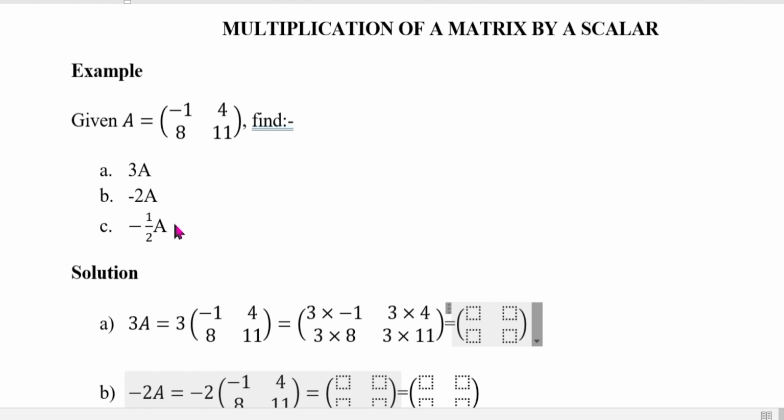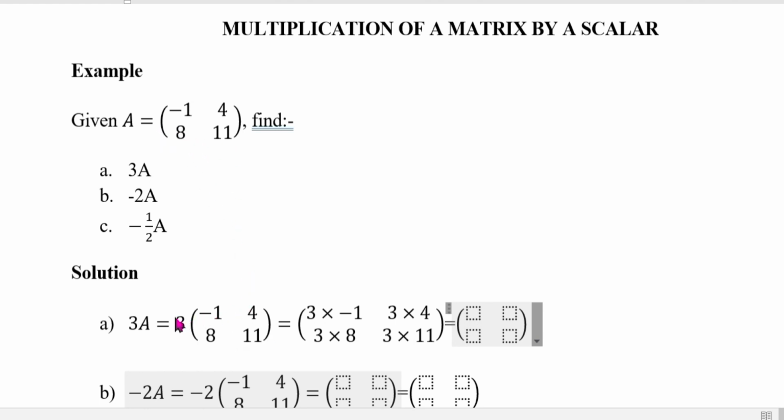Now, starting with the first one, 3A, it simply means you take this matrix A and multiply every element in it by 3. So we have done it here. 3A is equal to 3 into the matrix A, which has been given up here.